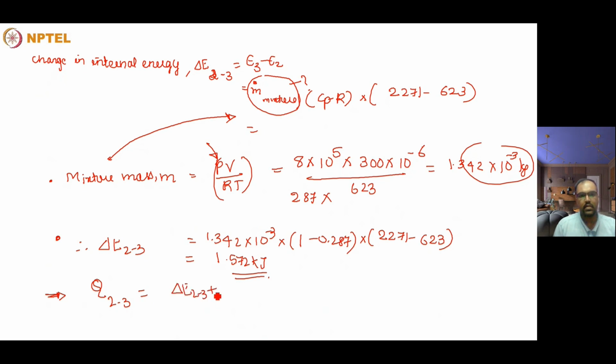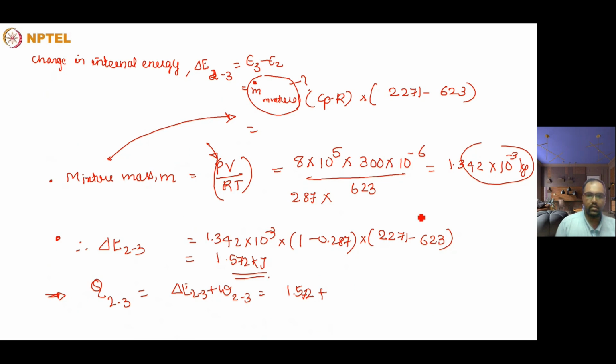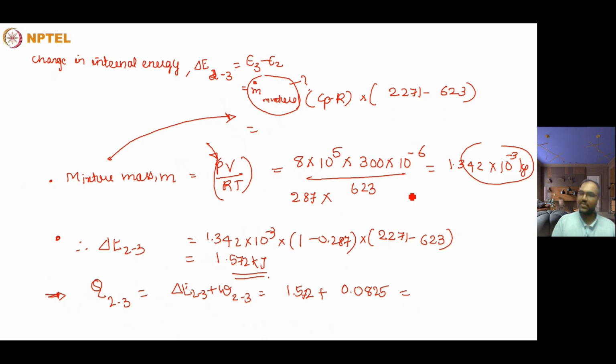Q23 is equal to delta E23 plus W23, that will be 1.572 plus 82.5 joules, that is 0.0825. So it will be coming around 1.65, close to 1.657 kilojoules.